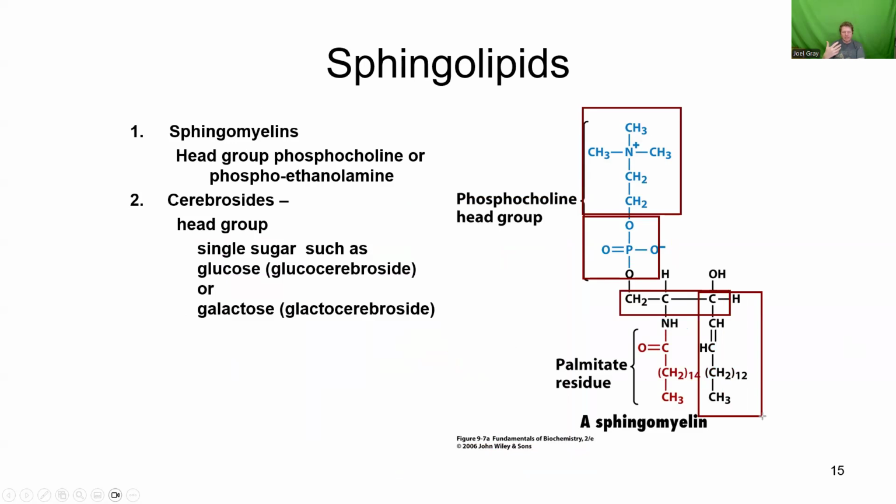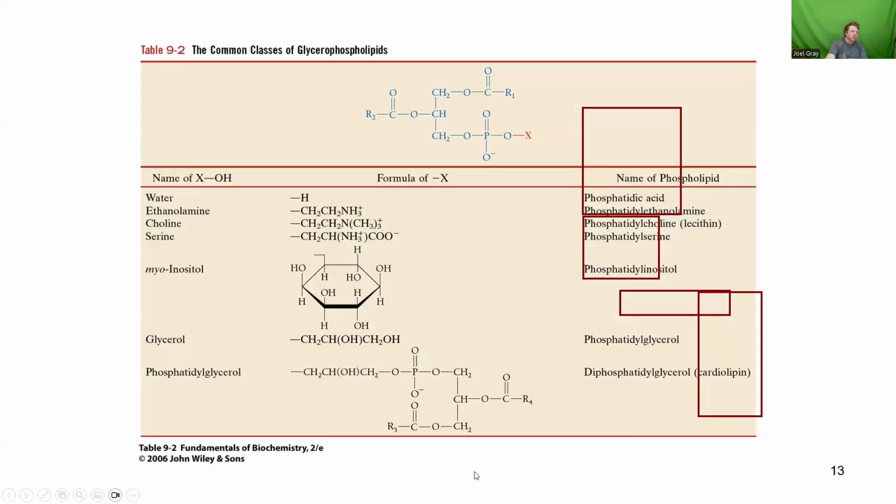So if we jump back a couple of slides and look at the different head groups right here, those head groups vary a little bit to give you different glycerophospholipids as well as different sphingolipids.